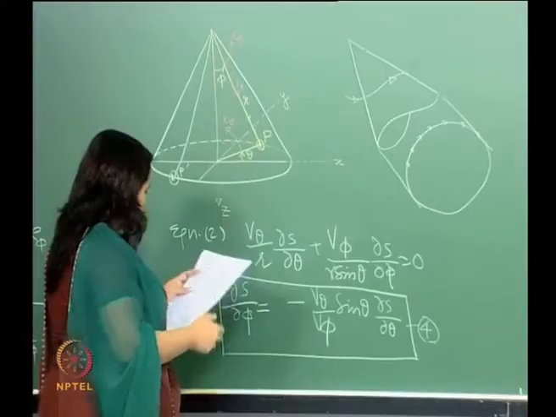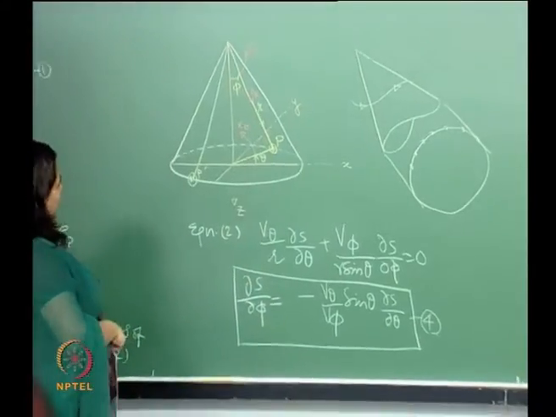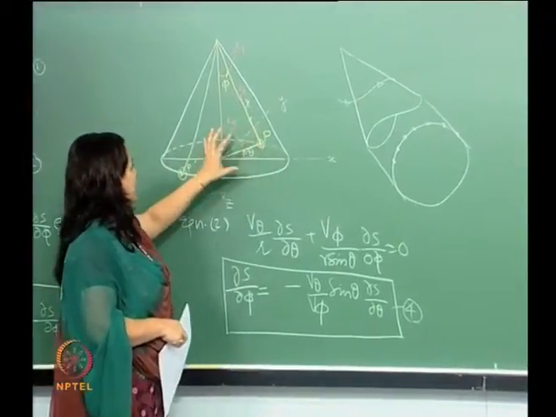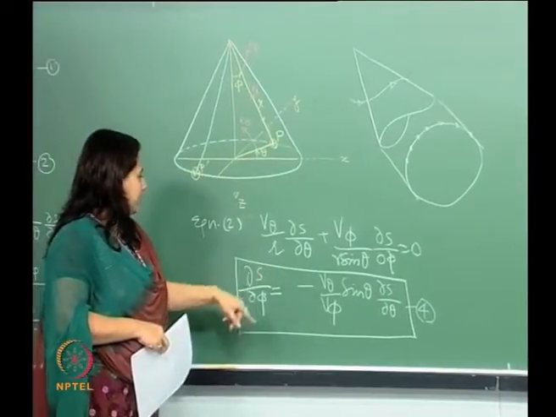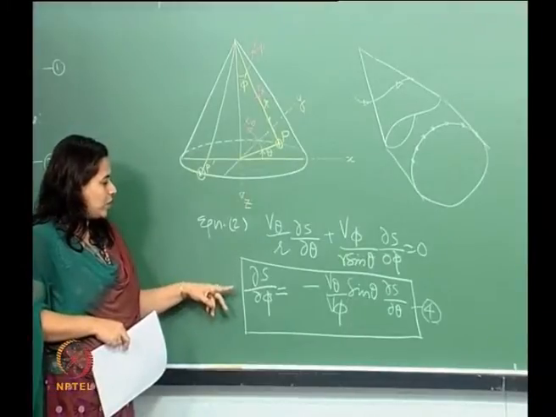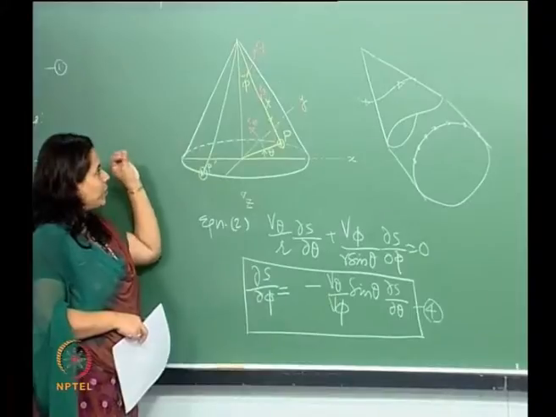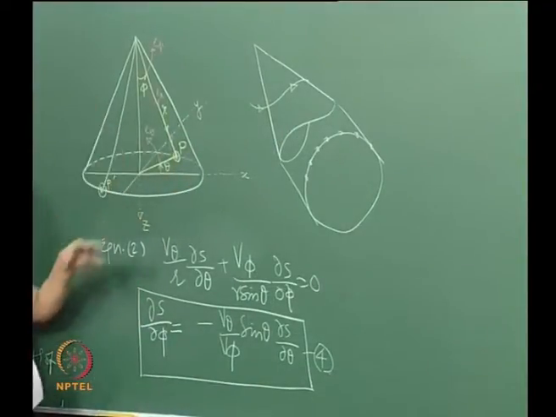Now, if the point moves from P dash to P, there is a change in R, theta and phi, but what we can see here is that my change is happening only with respect to theta and phi, because the flow properties still are constant along the R direction.